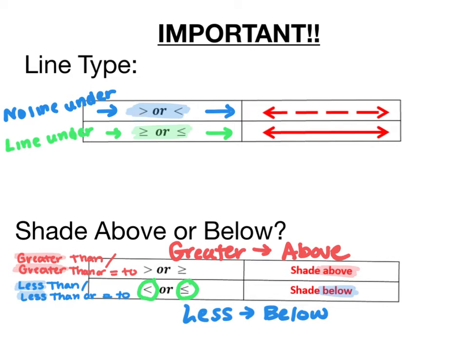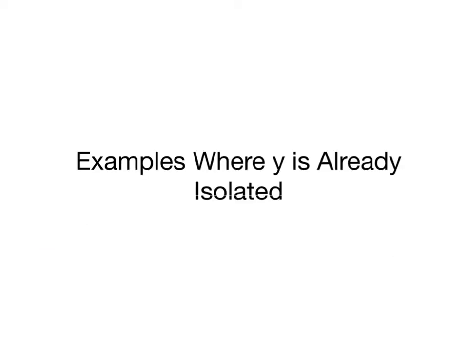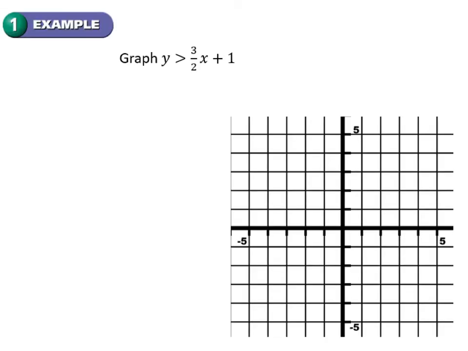So the less than symbols look like a tilted L shape, which means less than. So you would shade below. The next two slides will provide examples where y is already isolated or by itself.